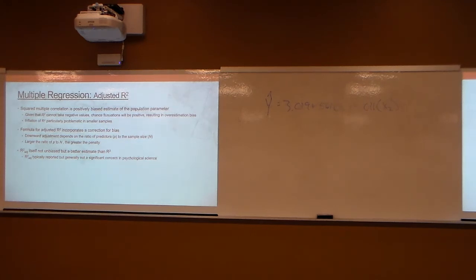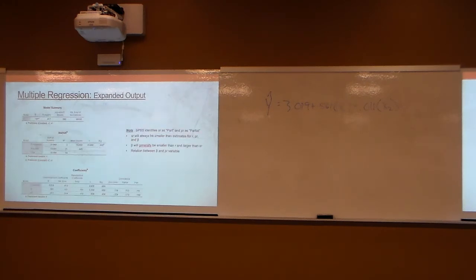What we do in psychological science is rarely that. We're usually interested in testing unique effects, so we don't worry about it a whole lot. But know that if I'm working with models with very small samples, which you shouldn't be if you're using regression, that's what the adjusted R squared is for.